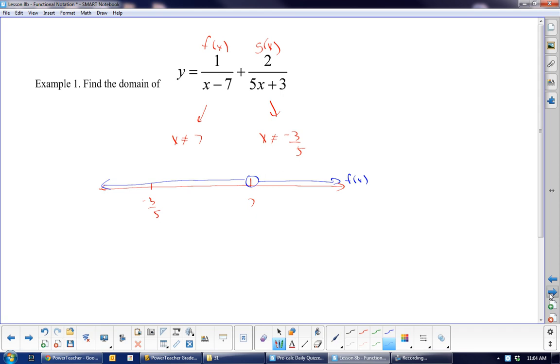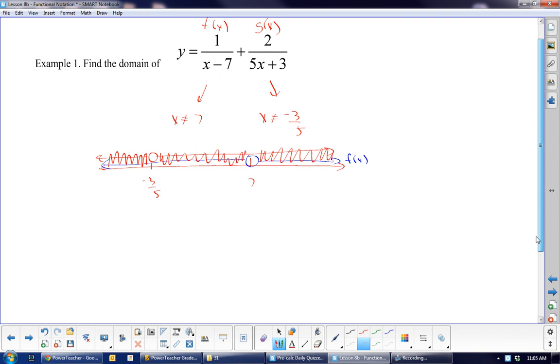But now, when it joins up with g of x, which has this domain, their new domain becomes what they share. Okay, so they would share this part, and this part. See, they both don't have the same domain here, and they both don't have the same domain here. It's what they have in common.